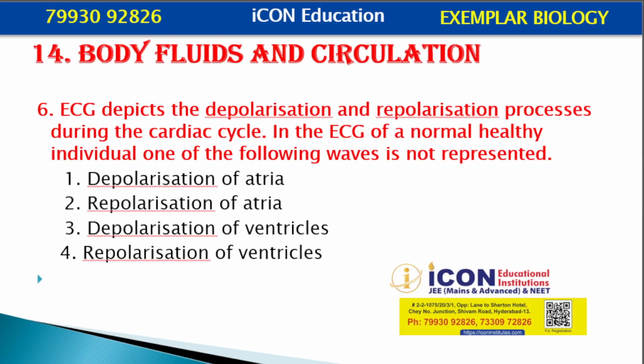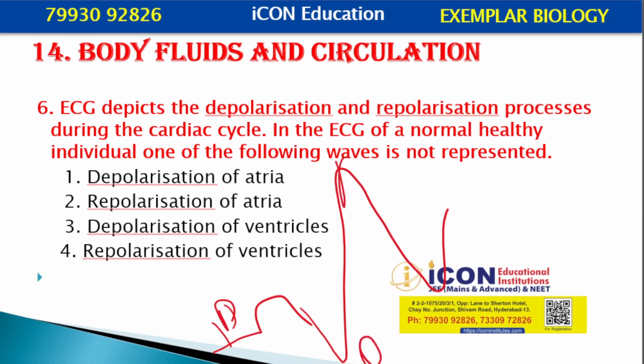ECG depicts the depolarization and repolarization processes during the cardiac cycle. In the ECG of a normal healthy individual, one of the following waves is not represented. So let us see the ECG first of all. The P wave represents atrial depolarization, the QRS complex represents ventricular depolarization, and the T wave represents ventricular repolarization.